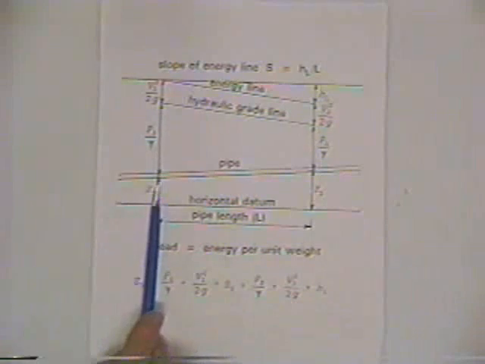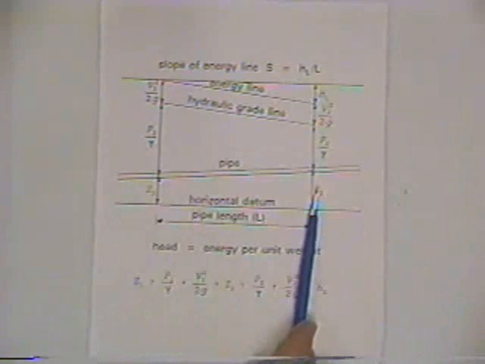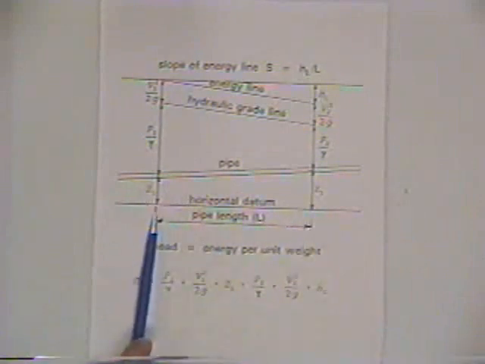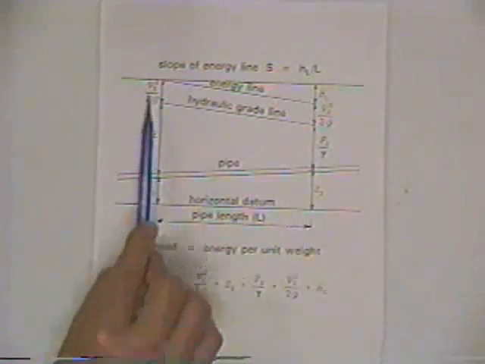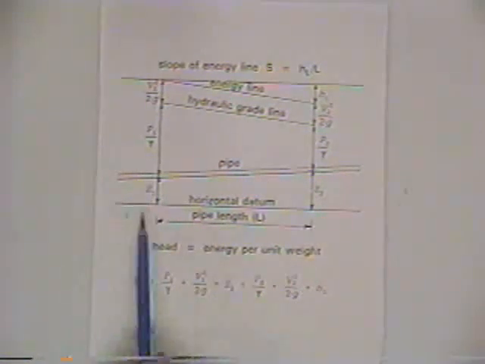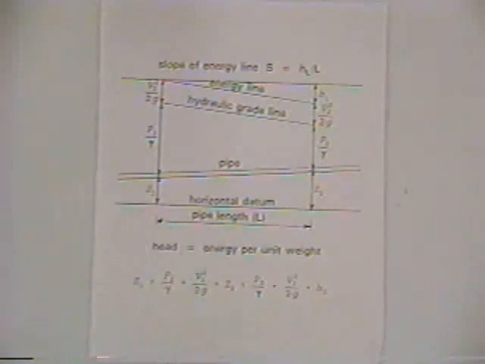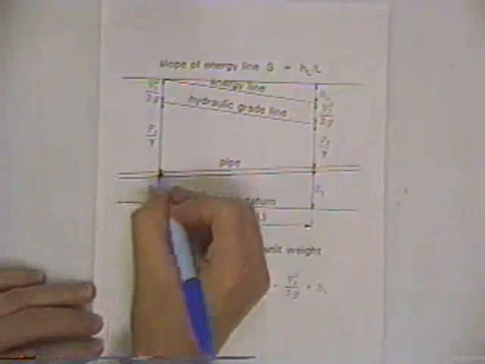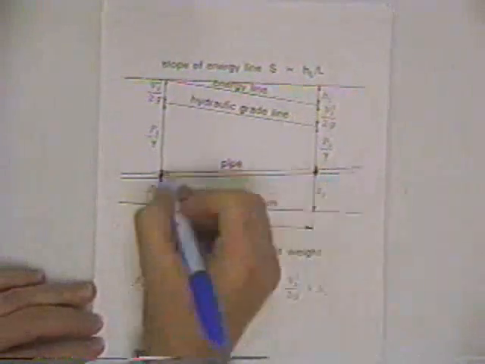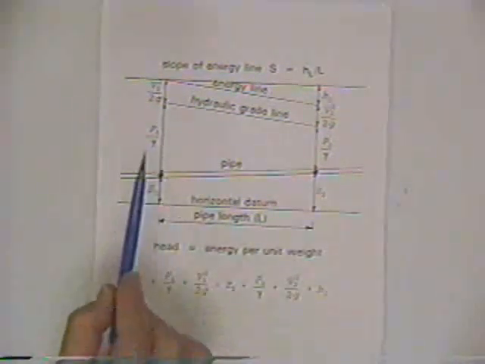But basically, we've got the energy at one location, which we're relating to the energy at another location. And the energy is the elevation head. All of these are in terms of vertical heights in meters or feet. And so an elevation head above a datum. So if we're interested in, say, this point and this point, a streamline going through these two points in the center of this pipe, that point is some elevation above the datum.